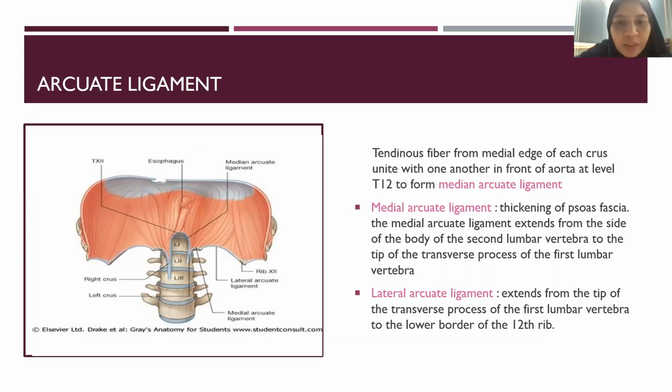It extends from the side of the body of the second lumbar vertebra, as you can see from the picture there, to the tip of the transverse process of L1. It's just a very short one. While the lateral arcuate ligament extends from the tip of the transverse process of L1 to the lower border of the 12th rib. You can see the lateral arcuate ligament.